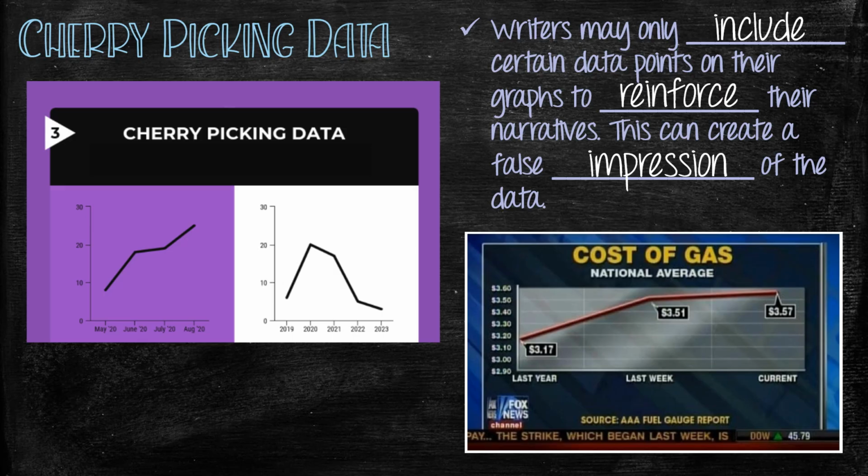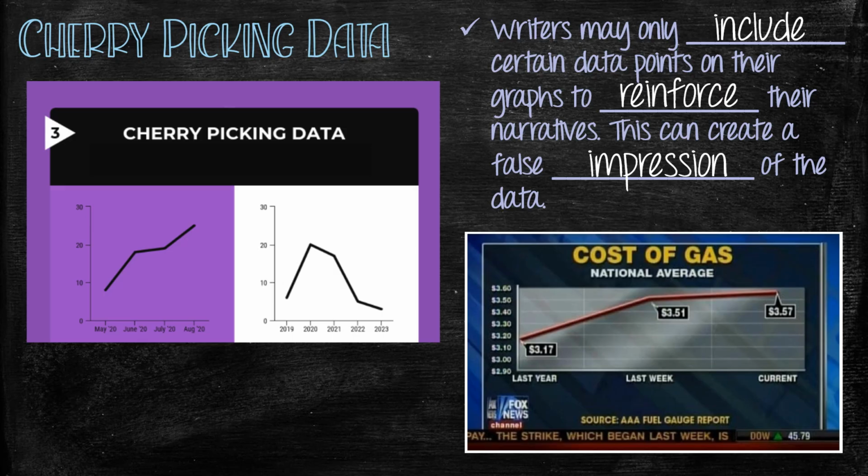But the one on the right, instead of doing 4 months, they're doing 1, 2, 3, 4, 5 years. So the one on the left looks like it's increasing. The one on the right looks like it goes up and then comes down. So vastly different based on the scale that was chosen.